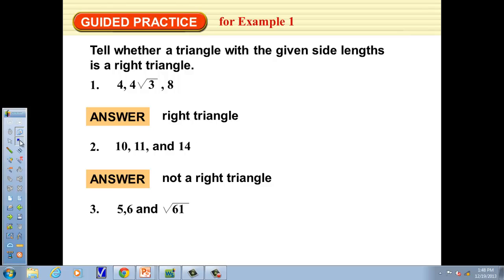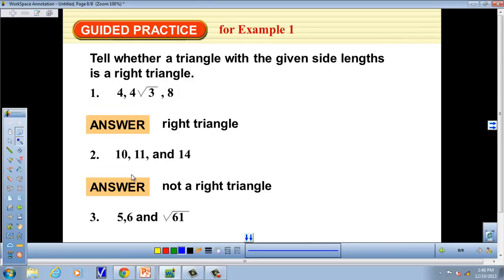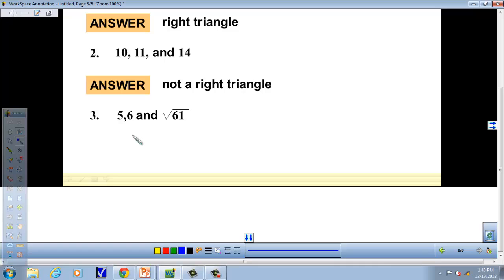Here's one more. Again, you want to look at square root of 61. Make sure that's the longest side. Square root of 61 is 7.8, so that is the longest side. We would say square root of 61 squared equals 5 squared plus 6 squared.